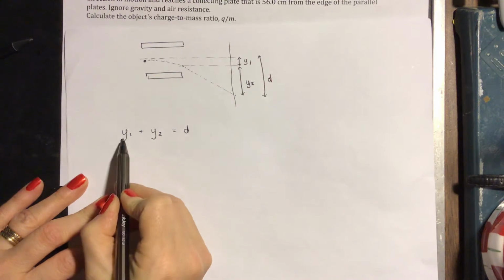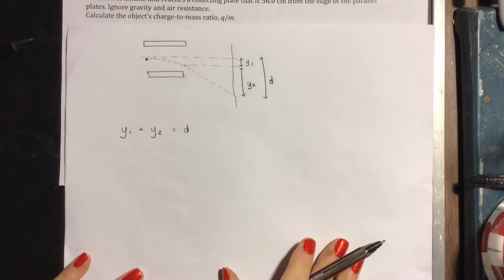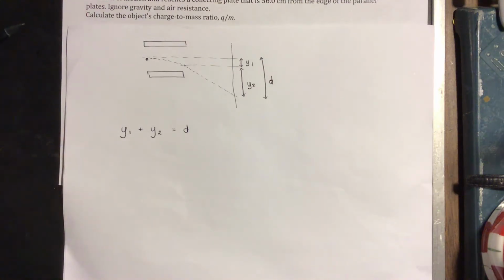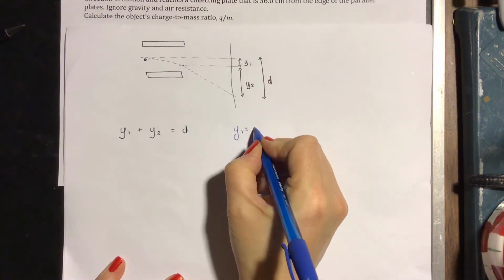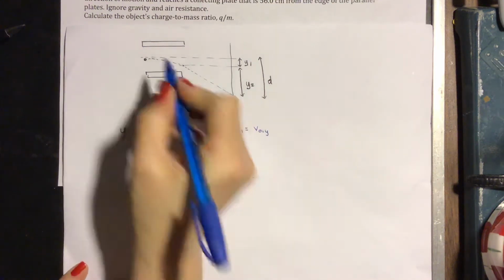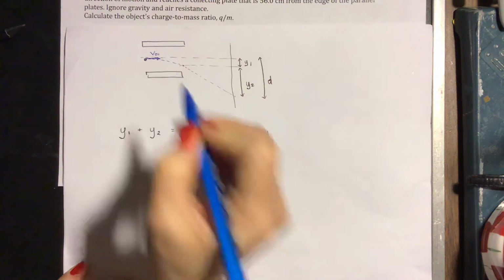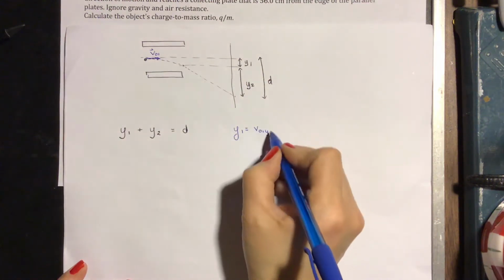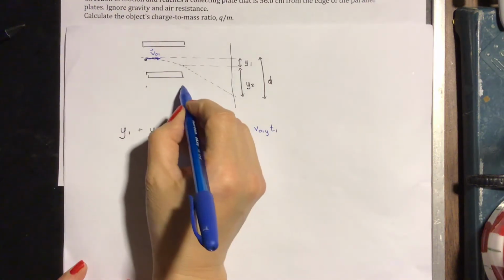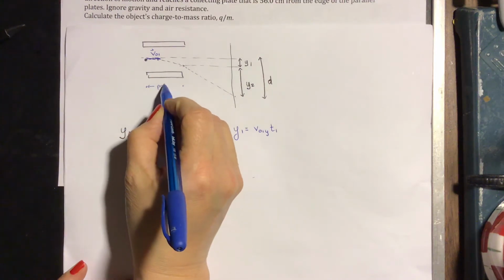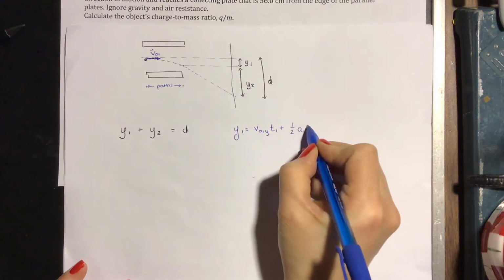Okay, let's sort out y1, then we'll sort out y2. We'll put them in here and we'll put in our d, which we know is 1.25 centimeters. So for y1, we'll use a kinematics equation. y1 equals v initial 1 y component times the time in this path, t1, so from here to here, that's path 1, plus 1/2 times a1 times t1 squared.